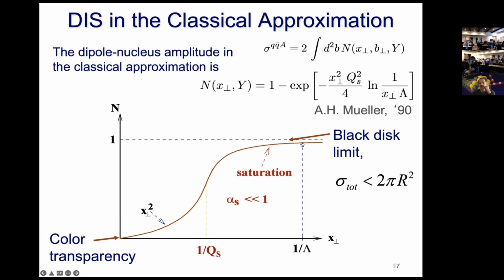So this is kind of the first example of saturation. You have something which naively, in a single interaction case, would have violated the black disk limit, but because you have all these multiple rescatterings, you never really violate the black disk limit, and the interaction always stays below 1.